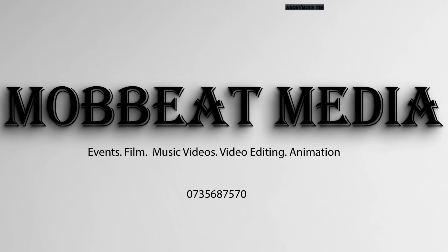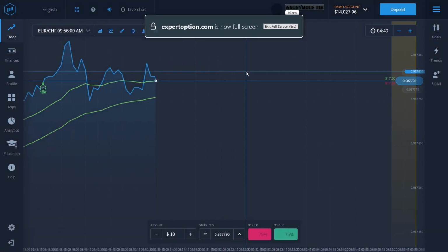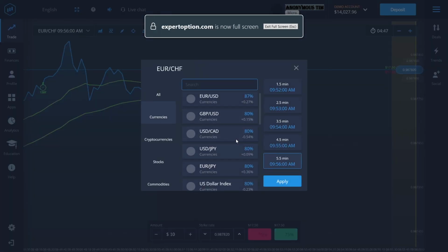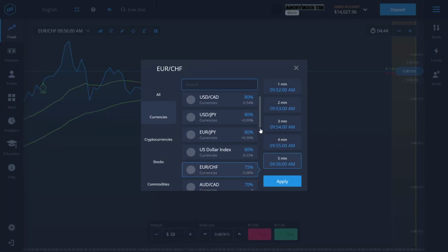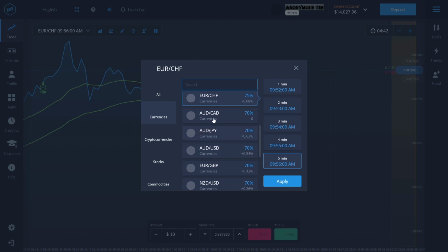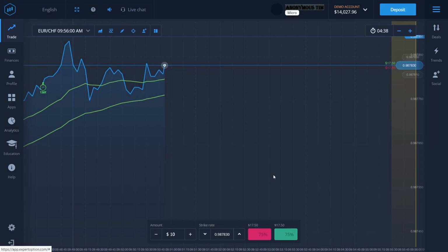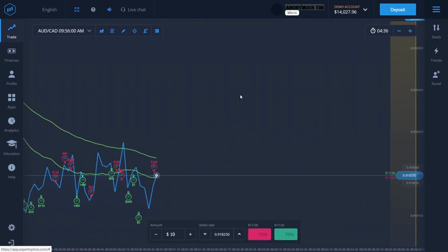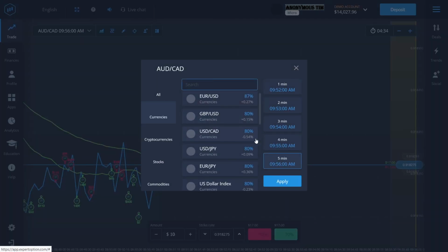Then let's try, what else? The euro versus the CHF. Let's see. It's unstable as well. Then next we try the Australian dollar versus the Canadian dollar. Let's see how it is. Quite unstable as well.